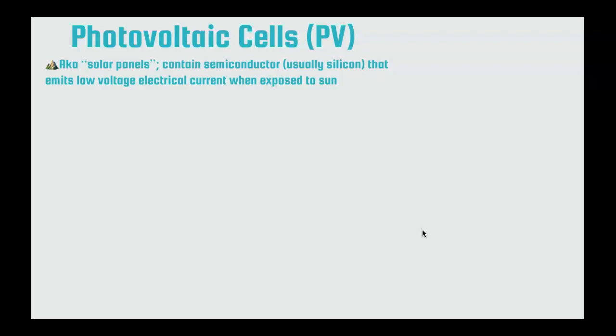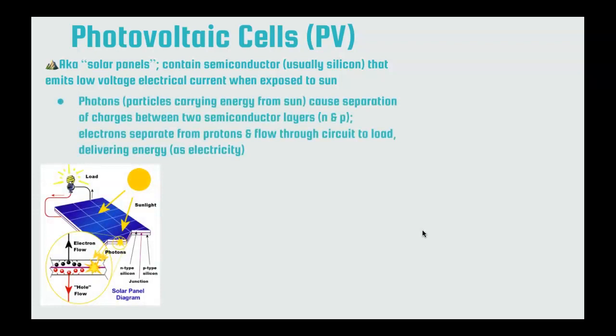When silicon is exposed to the sun, essentially the photons, or the particles of energy coming off of the sun in terms of sunlight, cause a separation of charges in those layers of silicon on the photovoltaic or PV cell. We separate electrons from the protons, and then we get essentially a flow of electrons, which is exactly what electricity is, just a flow of electrons.